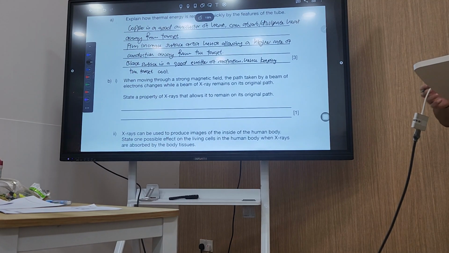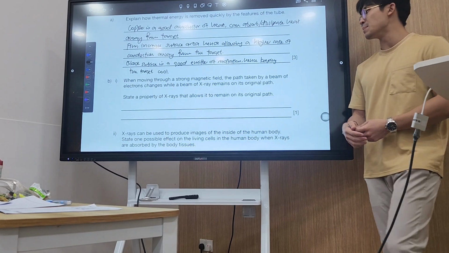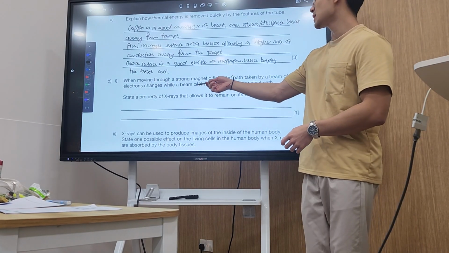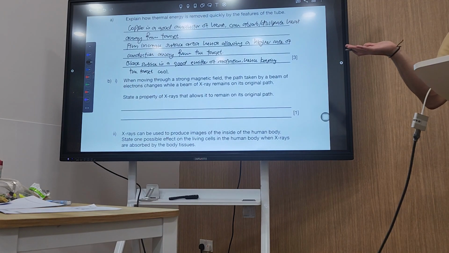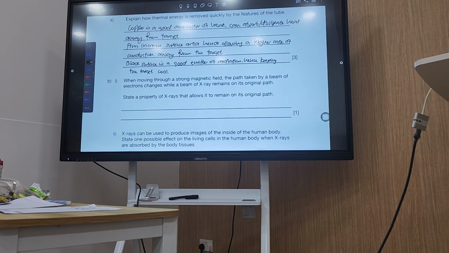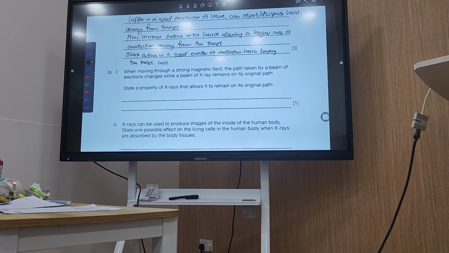When moving through a strong magnetic field, the path taken by a beam of electrons changes but your X-ray remains on its original path. Why? Anybody think? If you have strong ionizing power, does that help you with the magnetic field?